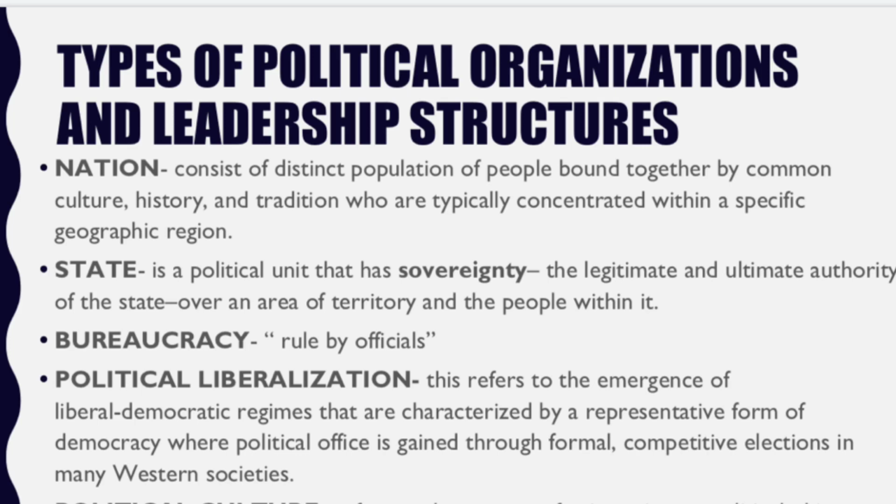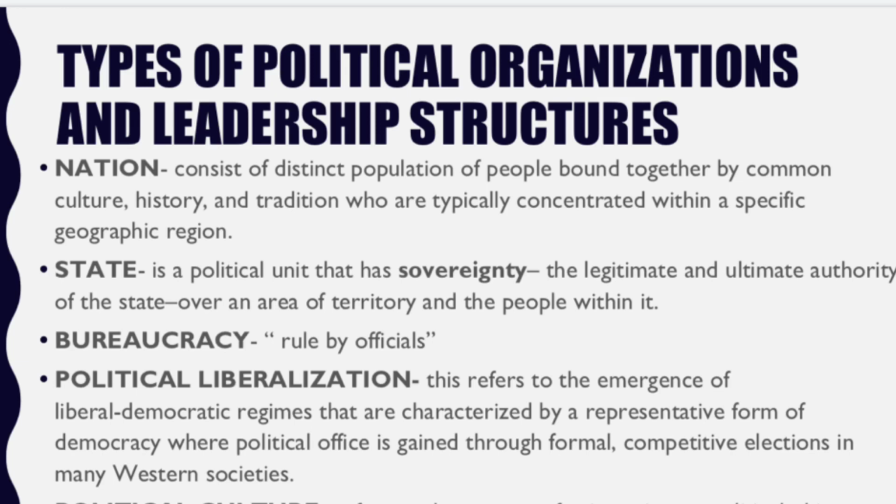Before 1947, India was a nation because it had no sovereignty. After it gained independence in 1947, it became a state, because the British Imperial rule had ended. So it became a sovereign entity.